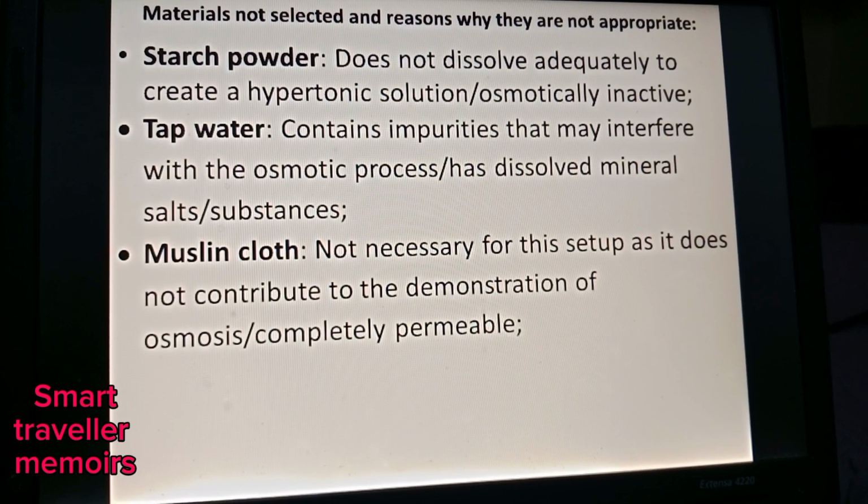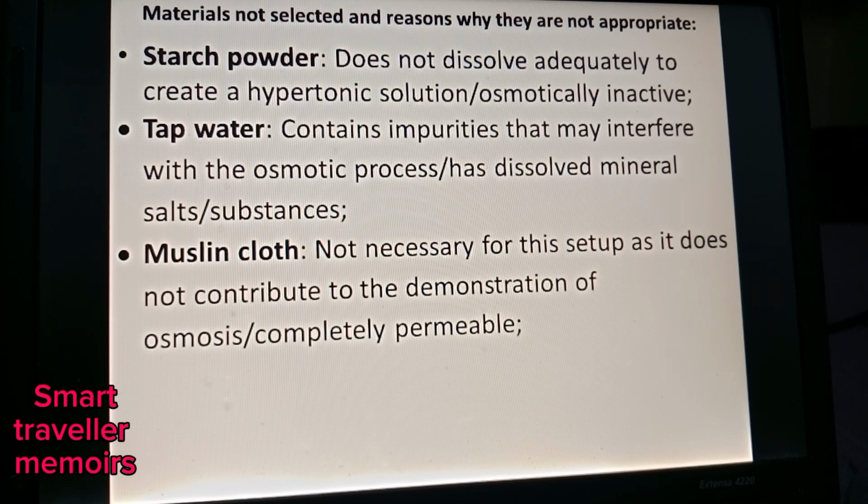For the sake of clarifying, these are the materials not selected and the reason why they are not appropriate. Starch powder does not dissolve adequately to create a hypertonic solution, so it is osmotically inactive. In fact, I'm trying to emphasize the earlier point there.